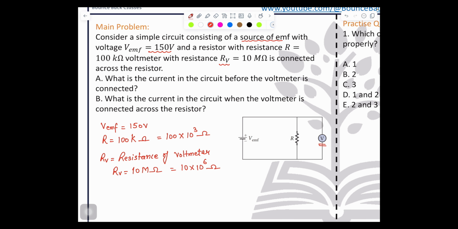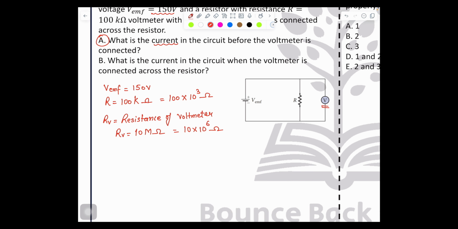Part A. What is the current? So now we need to solve part A. We are looking for current I in the circuit before the voltmeter is connected. So for case A, this is our circuit.